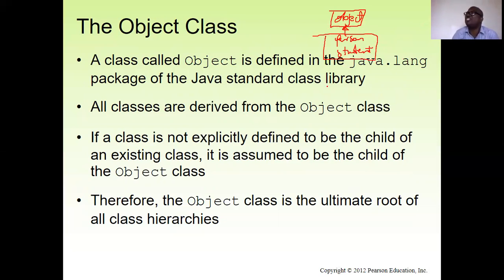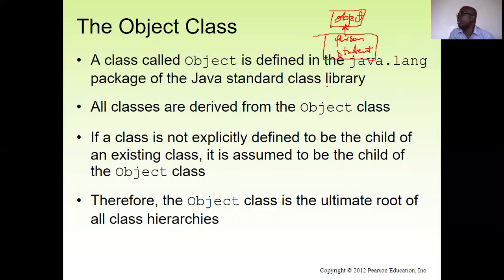Now, it is the reason why sometimes when you are reading the API documentation, you will see Object being referred to as the type that is either returned or passed into some methods. You've seen that in the documentation, right?